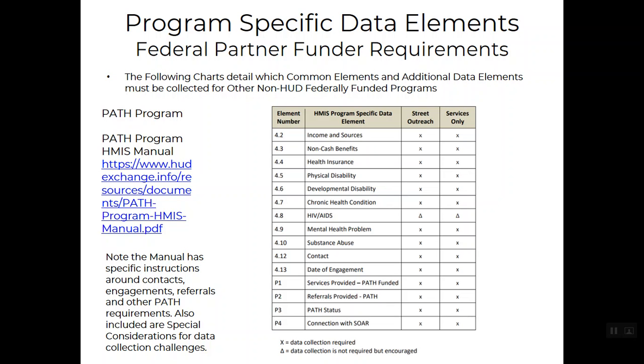I would also just note that the PATH program has some specific instructions around contacts and engagements and referrals that you should probably be paying special attention to, and also that there is an understanding that some of those data elements are difficult to collect for that specific client population, and some ways to mitigate some of those data collection challenges.